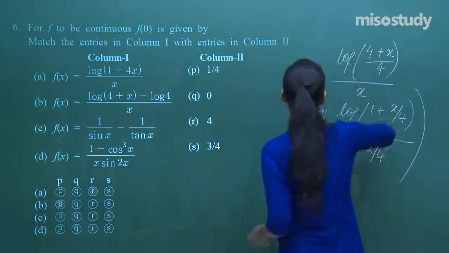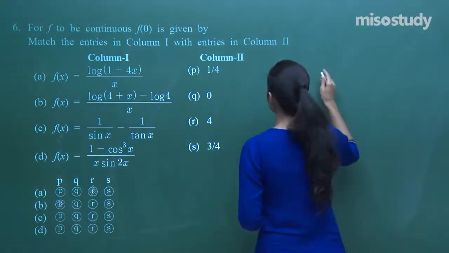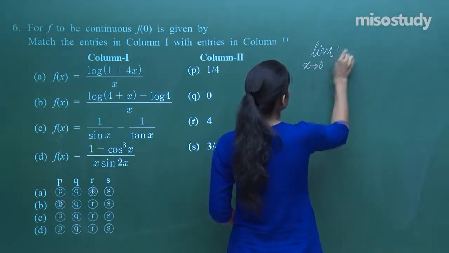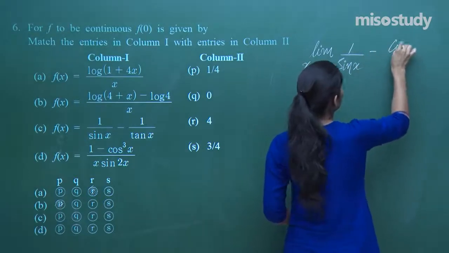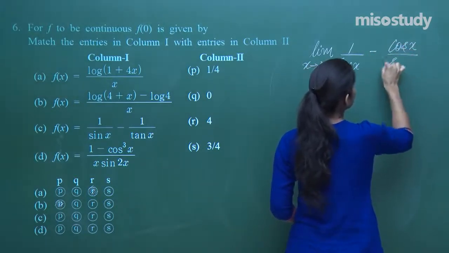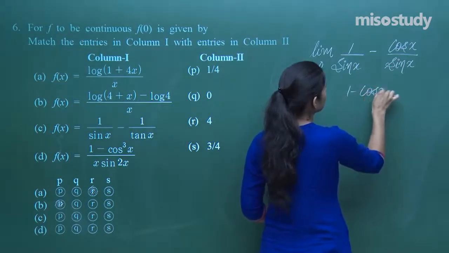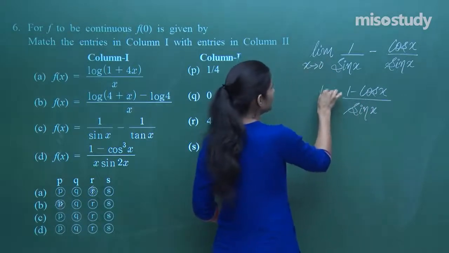We have 1 upon sin x minus 1 upon tan x. So it is nothing but limit x tends to 0, 1 upon sin x minus 1 upon tan x, that is cos x upon sin x. So you basically have 1 minus cos x whole upon sin x, that is limit x approaches 0.